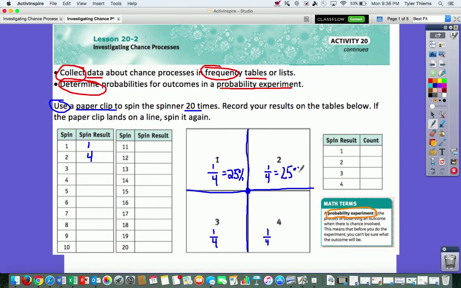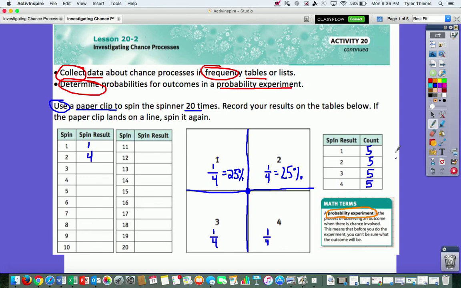However, this is a probability experiment, so just because theoretically each number should land 1/4 of the time or 25% of the time doesn't mean that if you do this experiment 20 times, it's going to be perfect and each one's going to have 5. Because if it was perfect, each one would be 5, 5, 5, and 5. But that's not always going to be the case.